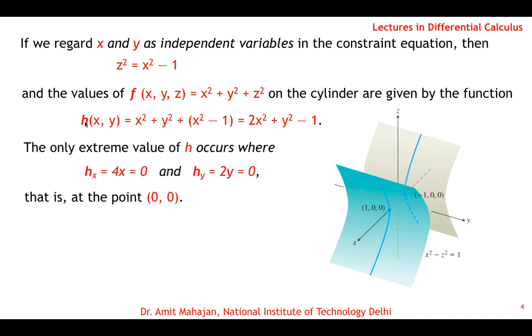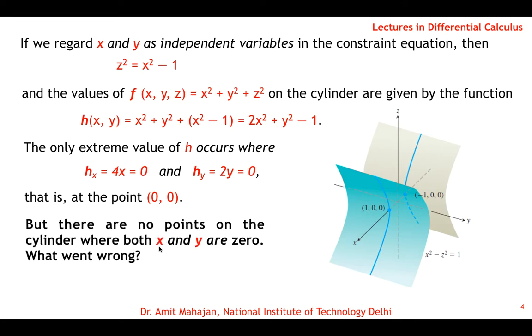The partial derivative with respect to x is 4x, and with respect to y is 2y. Putting them equal to 0 simultaneously gives the point (0, 0), that is x equals 0 and y equals 0. But you see that this point does not lie on the hyperbolic cylinder, so this is not possible. So what actually went wrong here?